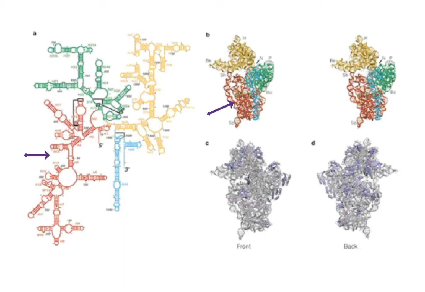So here's the first domain here in red, you can see it down here, and then the green domain over here, and then going into this yellow domain, and finally the blue domain here, which is the one that holds the mRNA on this 3' end. That's where it starts grabbing on to that mRNA molecule.